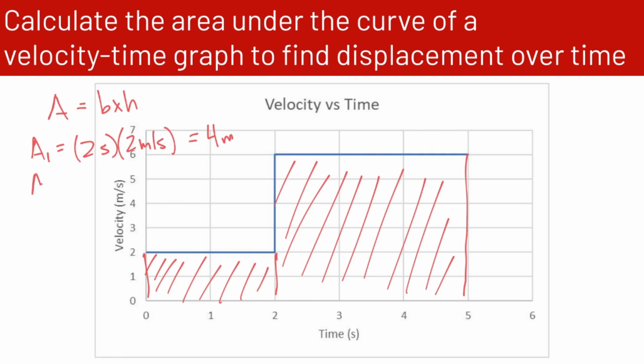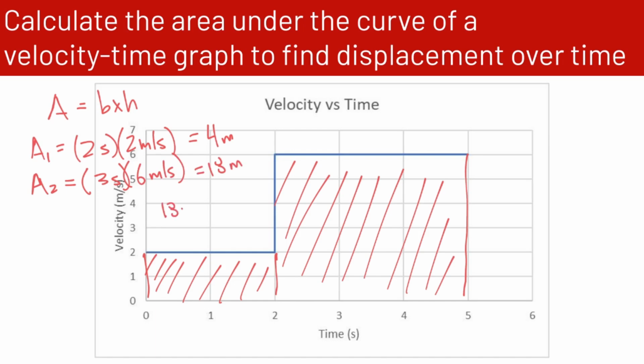And then the area of the second section is going to be equal, so the base is 3 seconds times 6 meters per second, which gives us 18 meters.